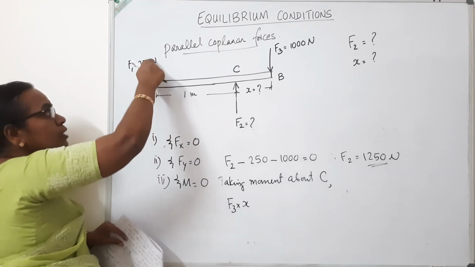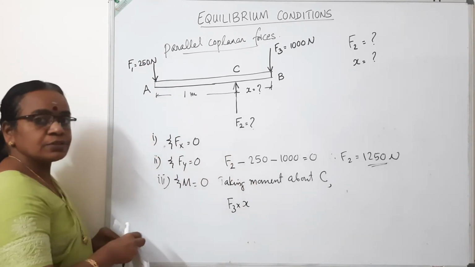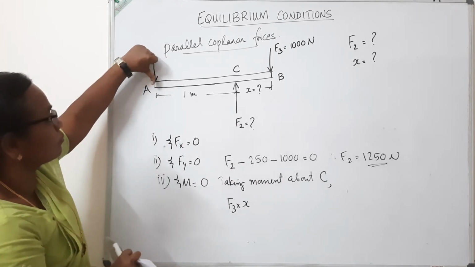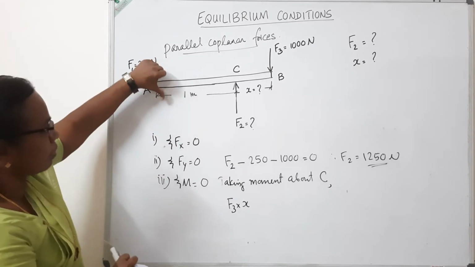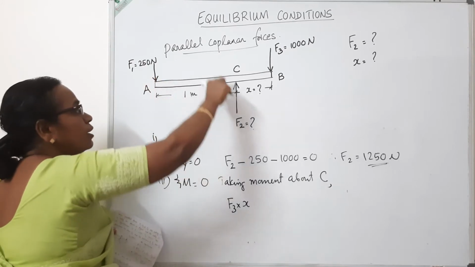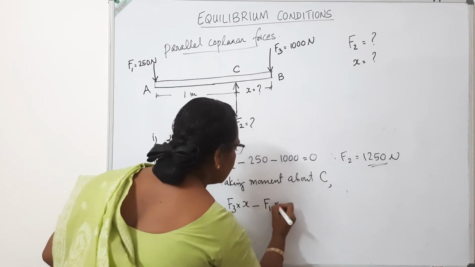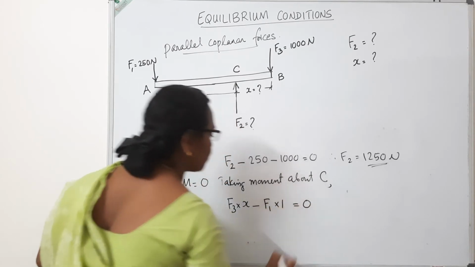What about F1? F1 into 1 is the value. What about the sign? F1 is acting downward. If you rotate it about C, the thumb goes anti-clockwise. So F1 into 1 produces an anti-clockwise moment, minus F1 into 1, is equal to 0.